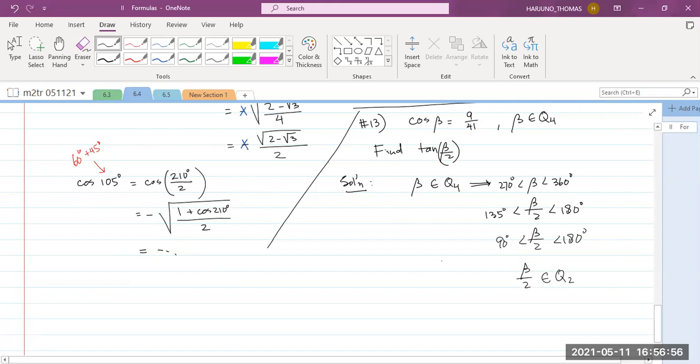Now, because beta over 2 is in quadrant 2, then tangent of beta over 2 will be negative. Actually, the setup is supposed to be like this.